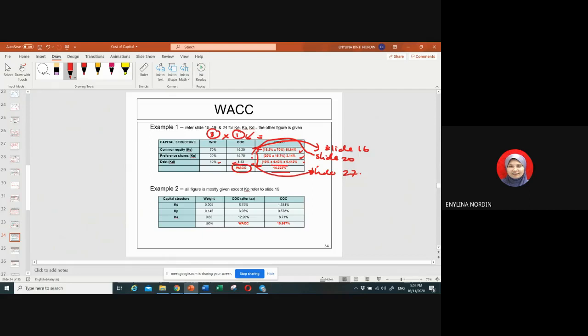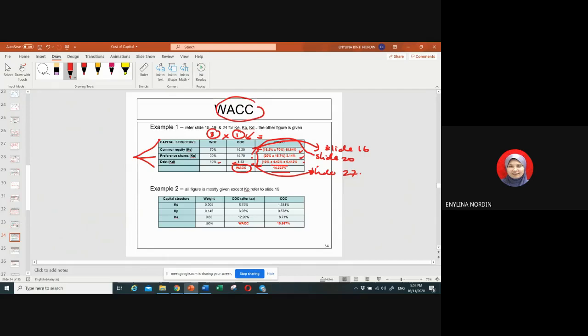That means the company mixes the components of financing in running the business, so the company must calculate the cost of capital, the so-called weighted average cost of capital, WACC.